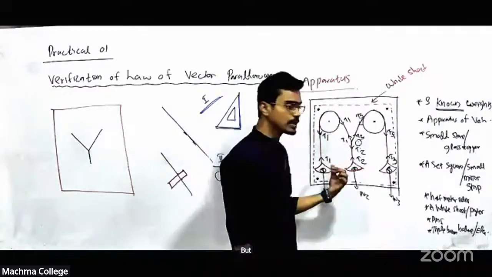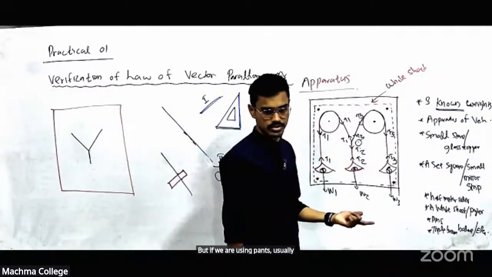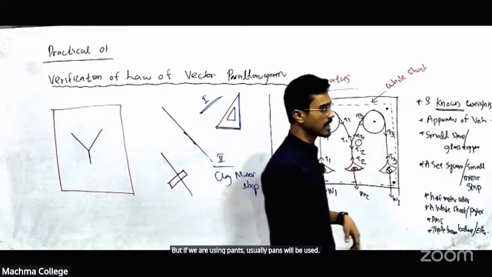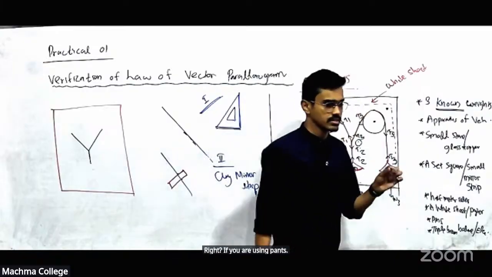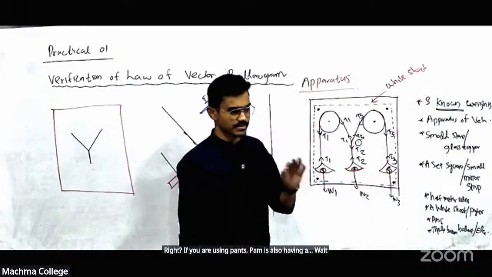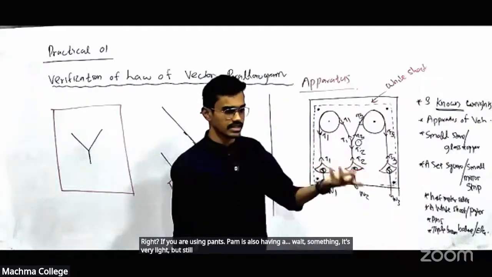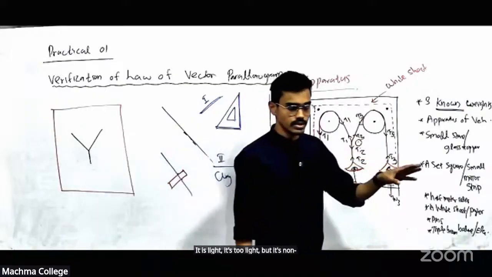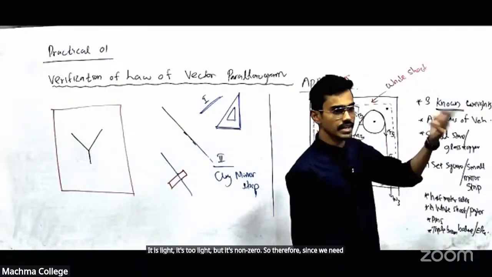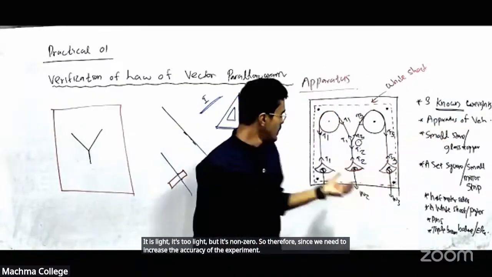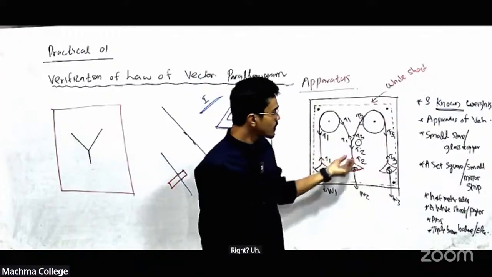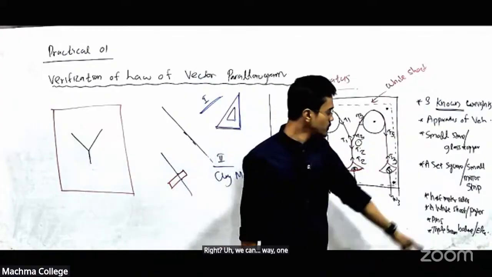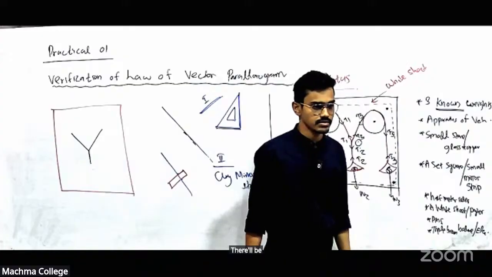But if we are using pans, usually pans will be used, the pan also has a weight. It's very light, but still it is non-zero. So since we need to increase the accuracy of the experiment, we can weigh one of these pans using the triple beam balance.